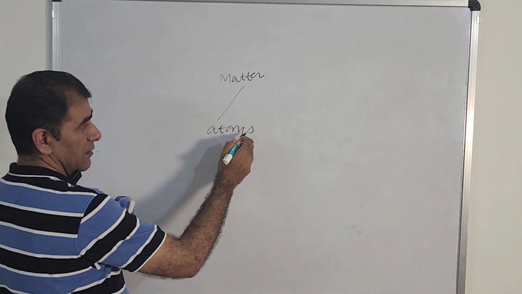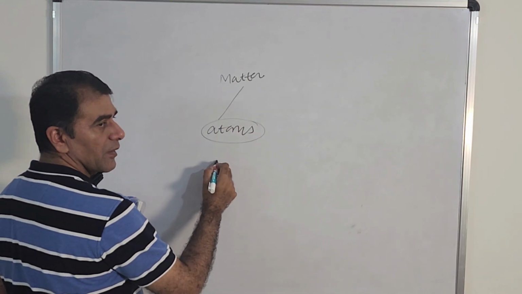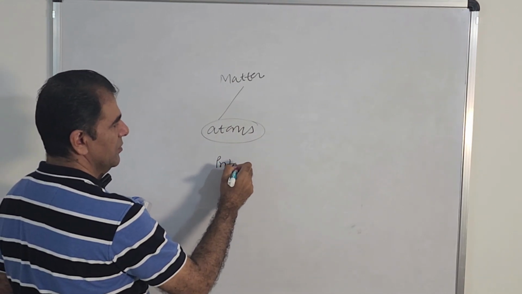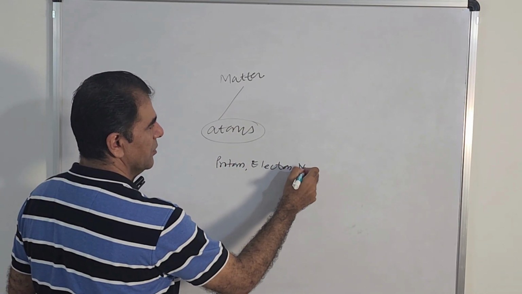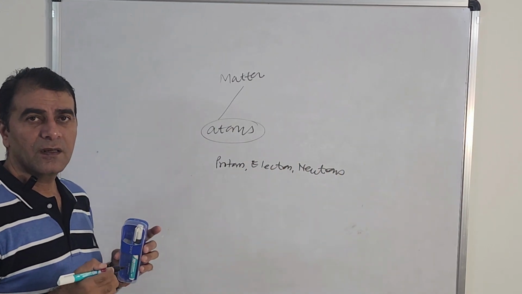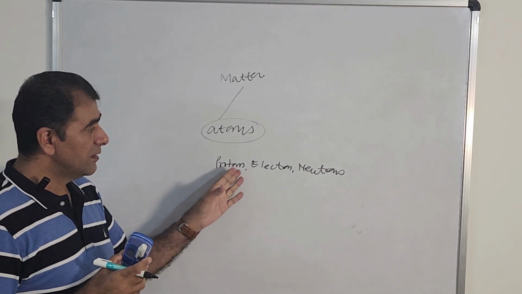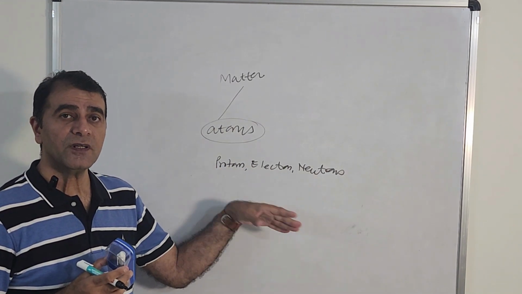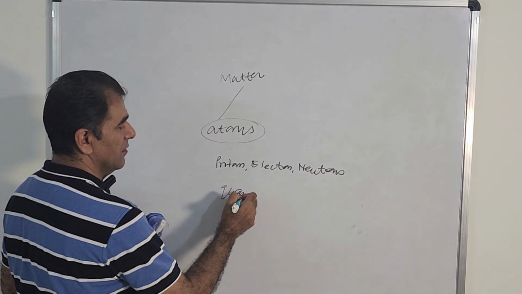Then the atoms are further divided into elementary particles: protons, electrons, and neutrons. And to your utter surprise, these elementary particles are further subdivided into smaller particles called quarks.